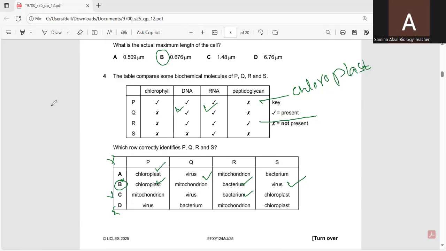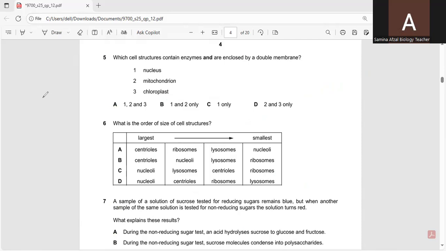Now we will go with the next question. Question number 5. Which cell structures contain enzymes and are enclosed by a double membrane? The first cell structure they have given is the nucleus. You know, the nucleus is the control center of the cell.